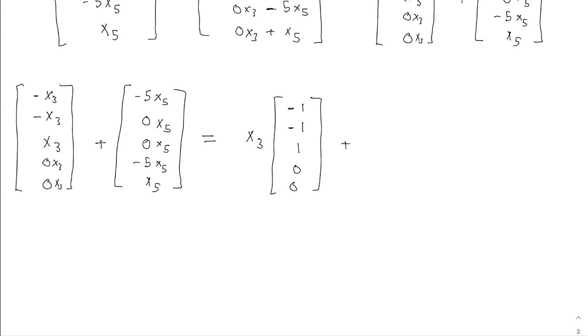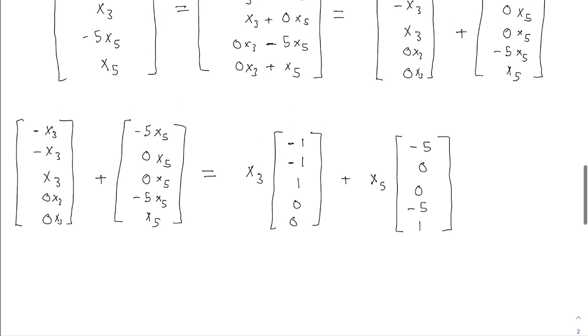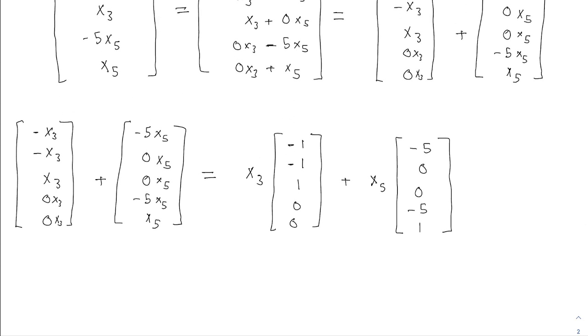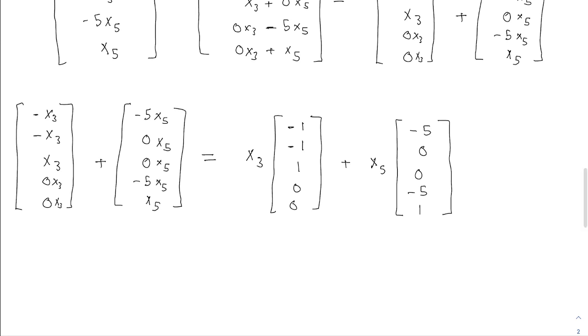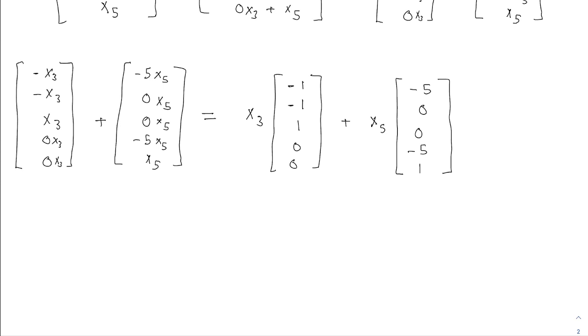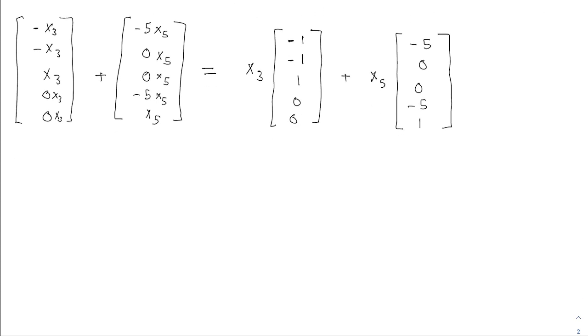I'm going to factor out an x5 from the second vector, and I'm going to be left with negative 5, 0, 0, negative 5, and 1. All right? Beautiful. Look at this. I can choose any value of x3 and x5, and I just scale it out, and that's my solution. I can solve the homogeneous equation with these, right?